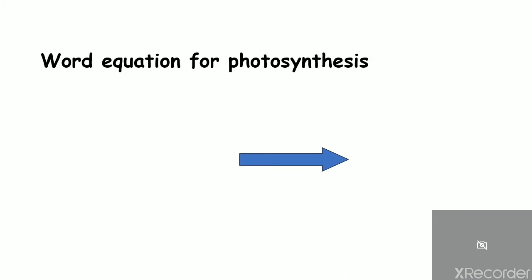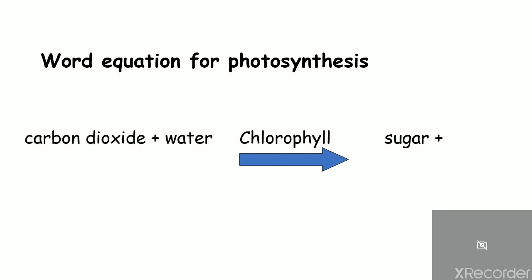Now, we can also represent the process of photosynthesis in the form of a word equation. So let's have a look. First are the two basic essential things, carbon dioxide and water, in the presence of sunlight, that is the light energy. And what does it require?